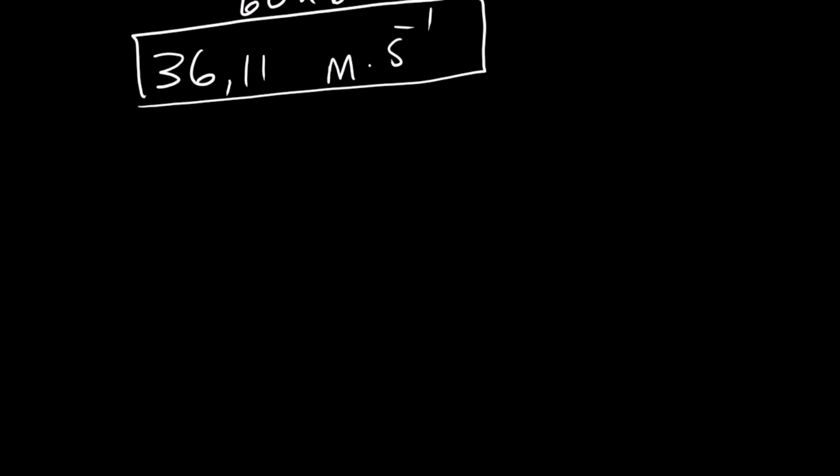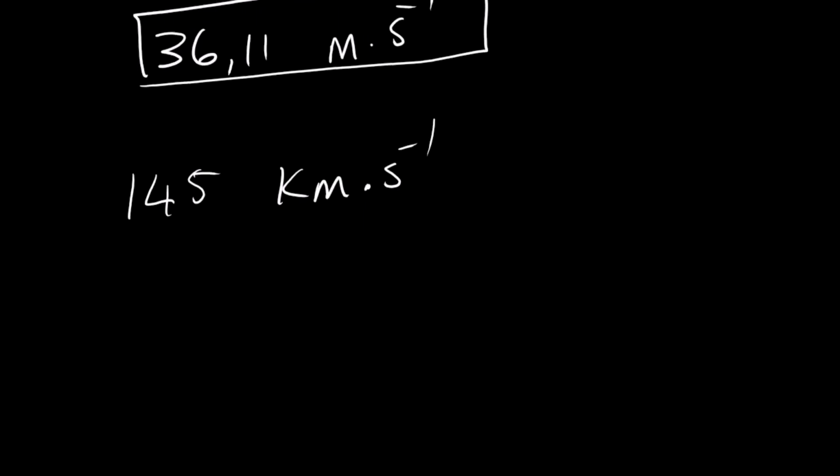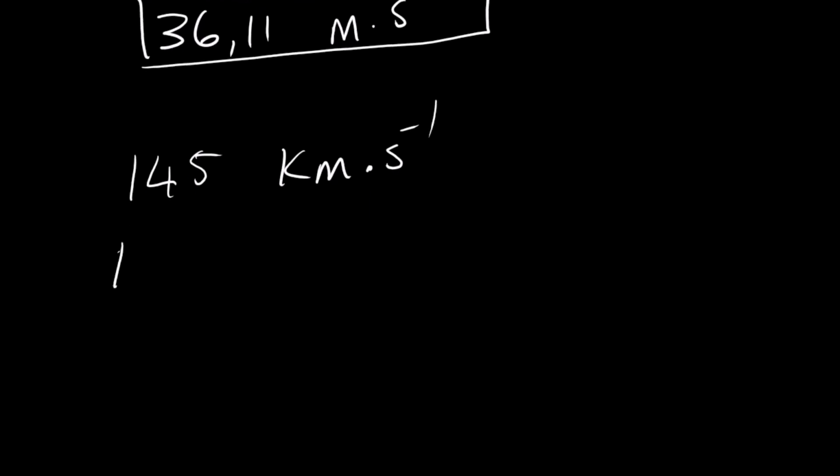Suppose we have kilometers per second. Now pause the video, try to work out the answer, then play the video. Verify your answer. So 145 times 10 to the power 3.